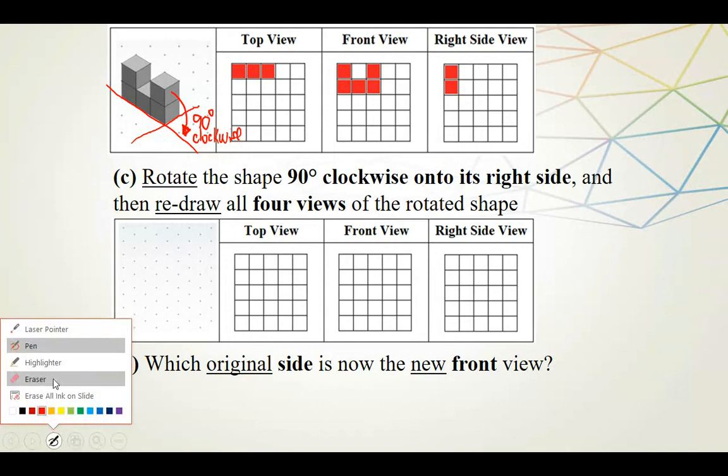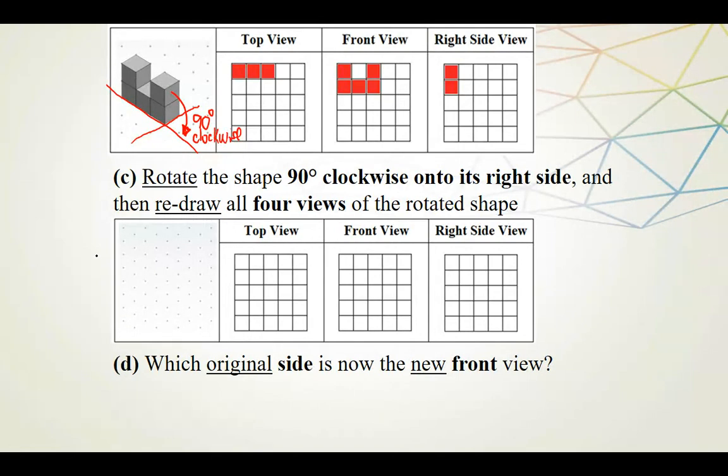Okay, so let's sketch what this would look like. So if we sketch this, we should actually see a C shape from the front view perspective.